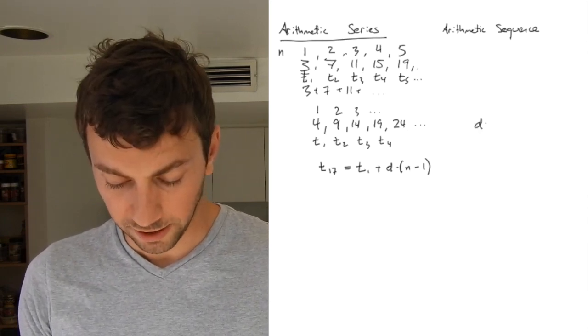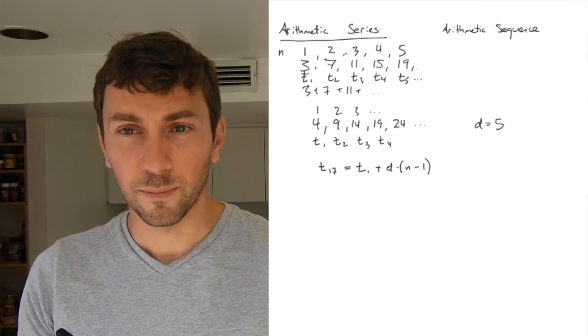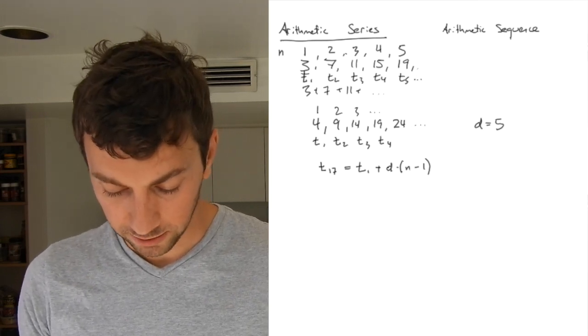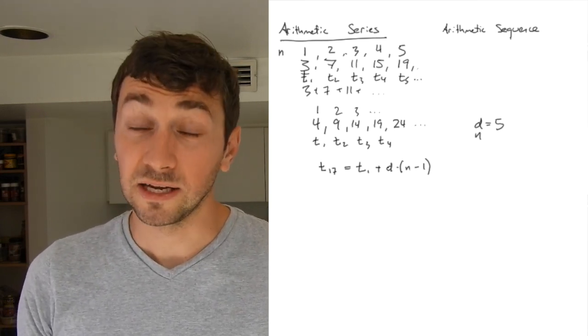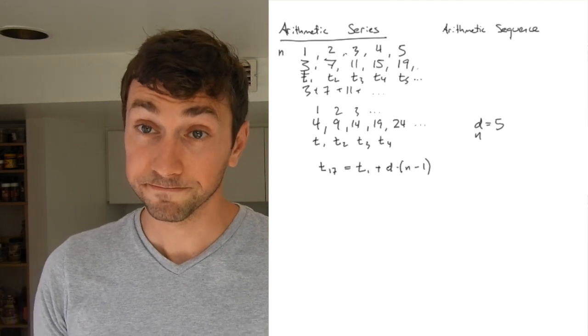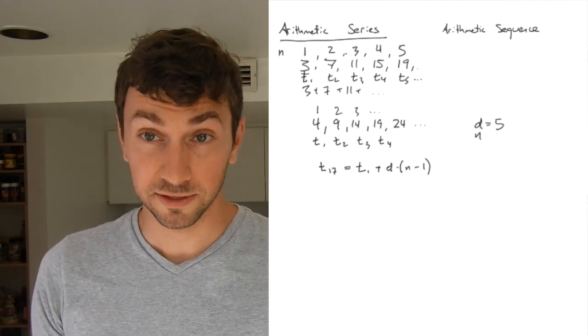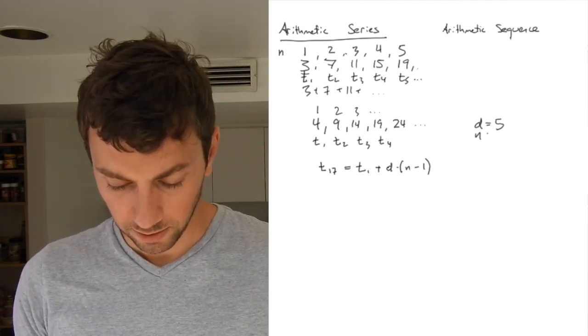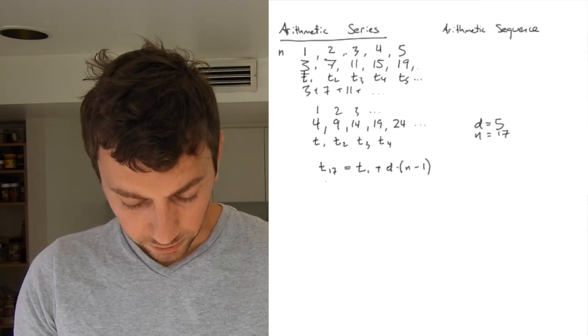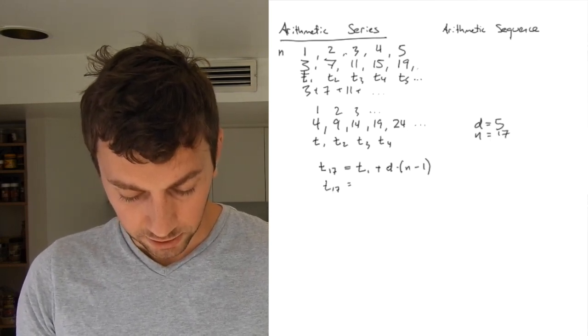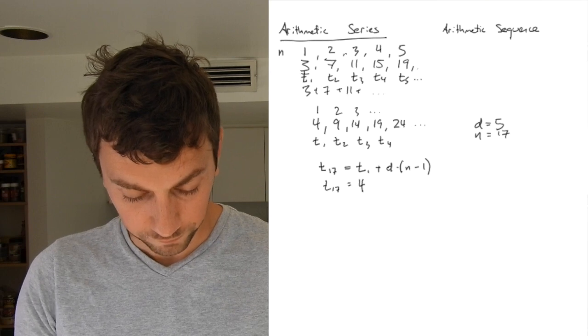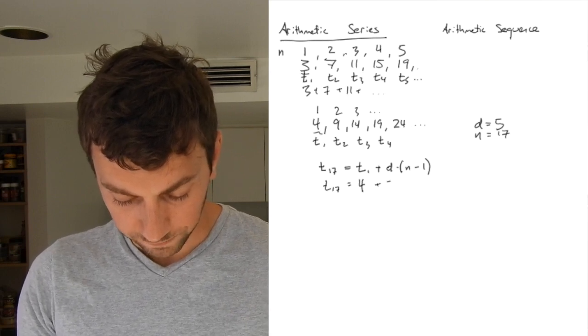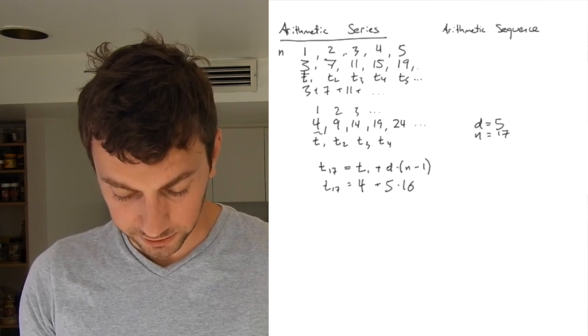So here D is 5. I went up by 5 each time. And here n, if I'm asking about the 17th term, I want n to be 17. So I write 17. So T17. So T1 is 4, the first term, plus 5 times 16.